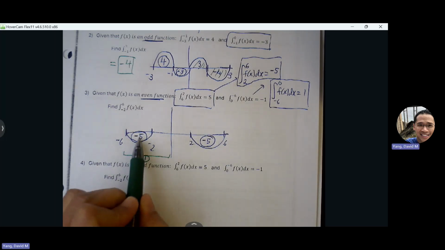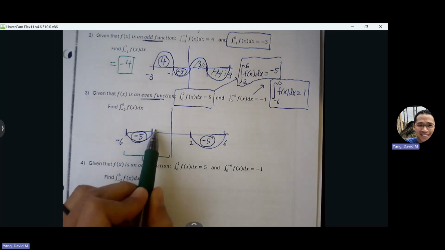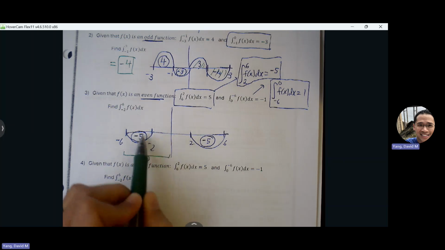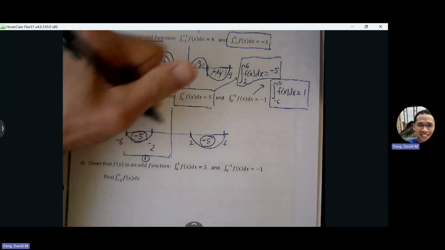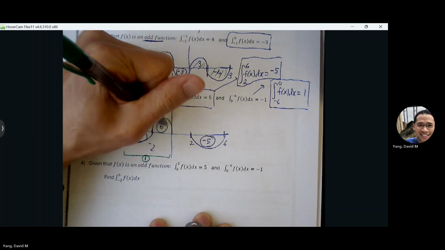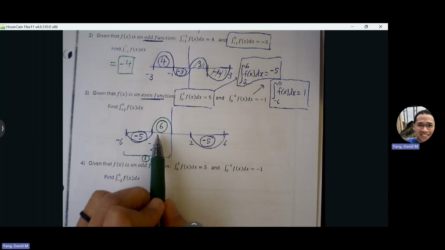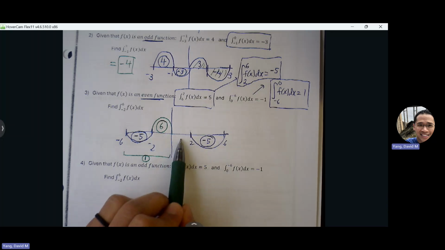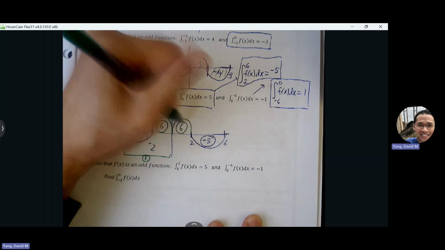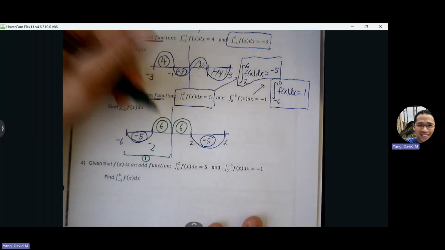So if this region is already set, and we're just trying to figure out this missing region, what will this have to be if these numbers have to add up to be 1? All right, still an even function. What can we say on this side? Now we can just add up our numbers here. But it would be 4, right?